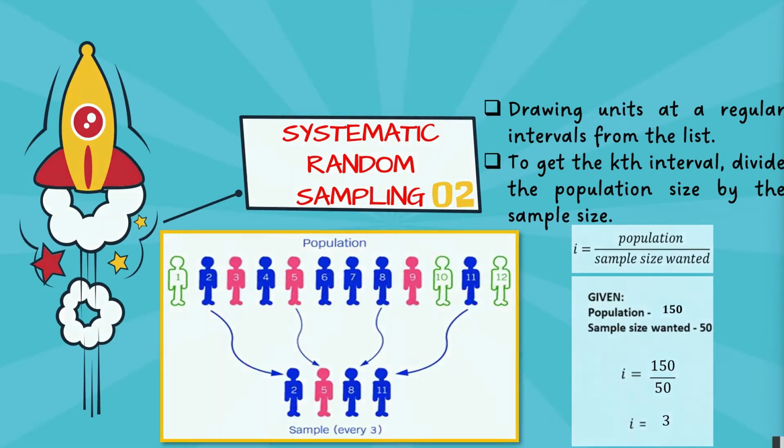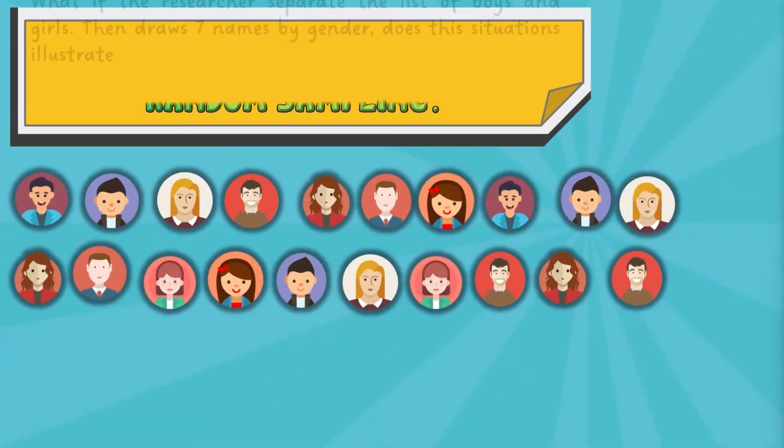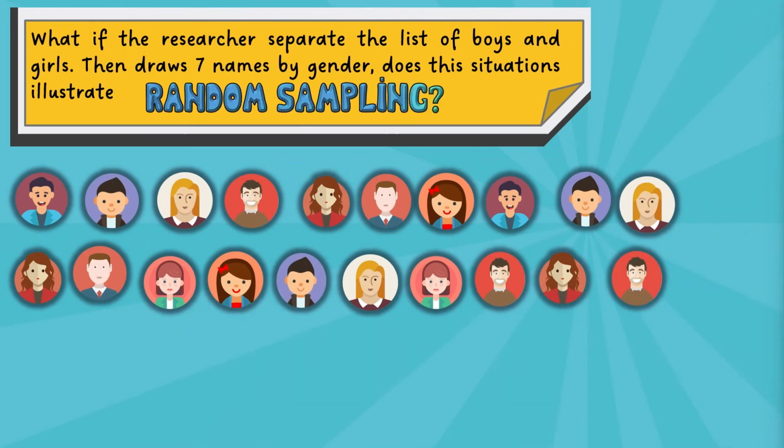Now, going back to the situations, class, what if the researcher separates the list of boys and girls, then draws 7 names by gender? Do you think this situation illustrates random sampling? For example, in this illustration, all the boys and girls are together.